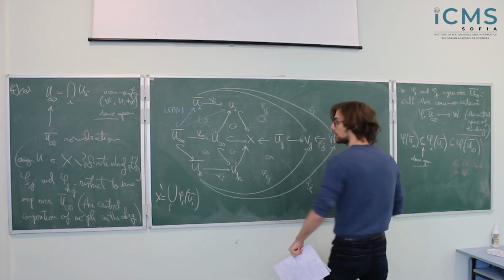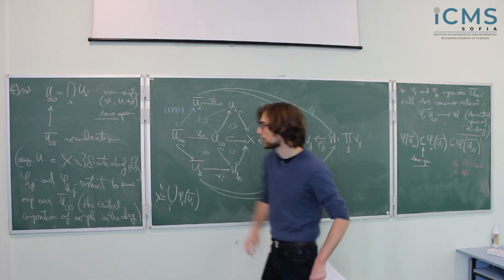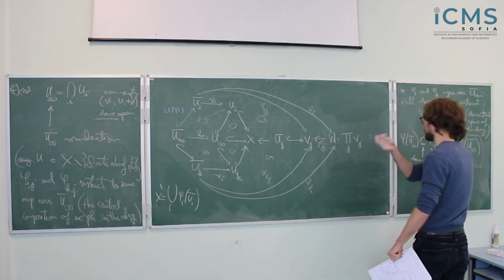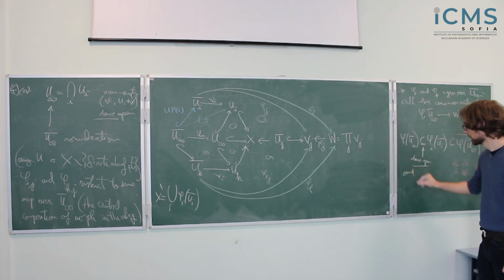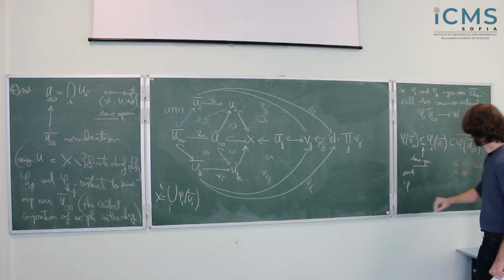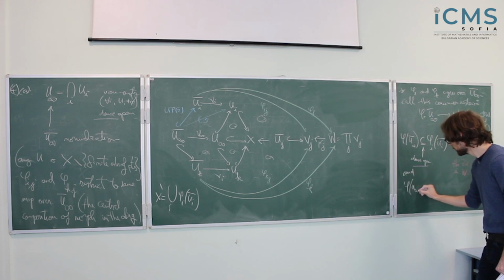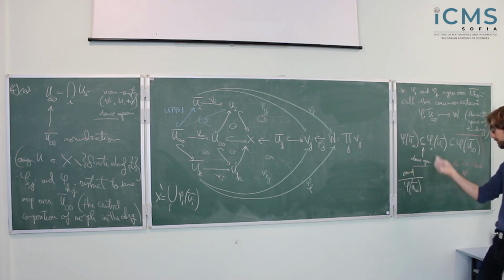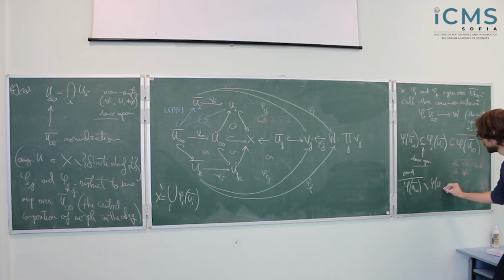And as we mentioned over here, well, already, phi of U infinity bar is deprived of a finite set of points. Like that.